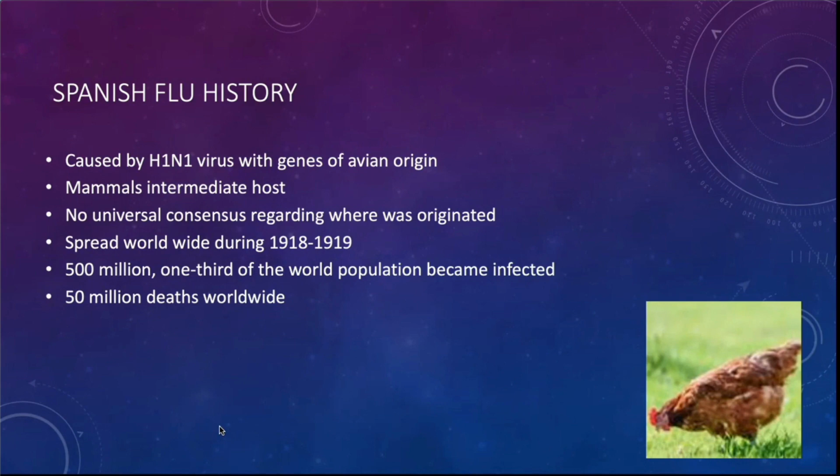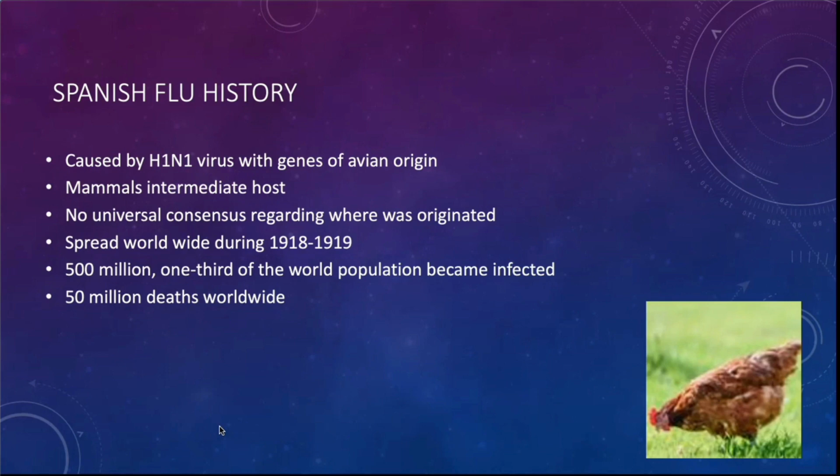Mammals were intermediate hosts, so those genes jumped to mammals and from mammals to humans. There is no universal consensus regarding the location where the virus originated, so the Spanish name has nothing to do with the origin.